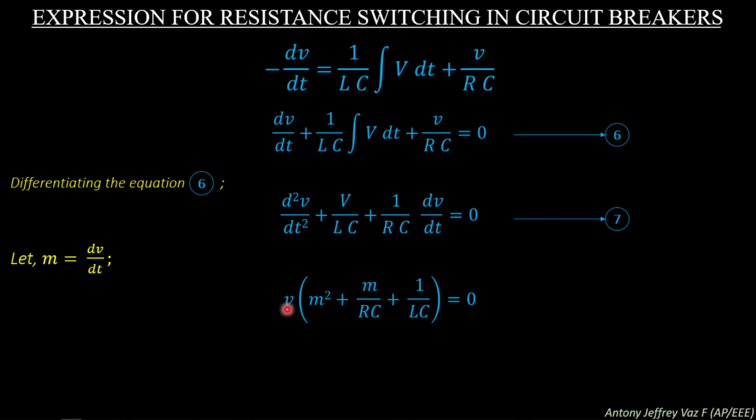So we are getting V, and substituting m instead of dv by dt gives m square plus m divided by RC plus 1 by LC equal to 0. Then the auxiliary equation we have is m square plus m by RC plus 1 by LC equal to 0.